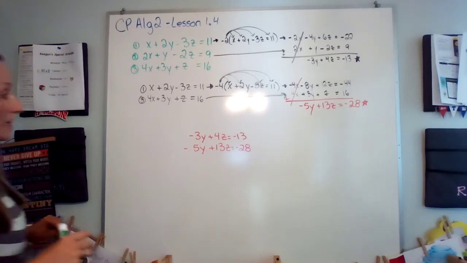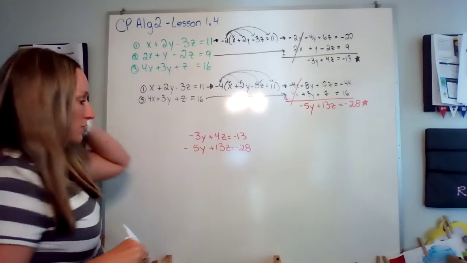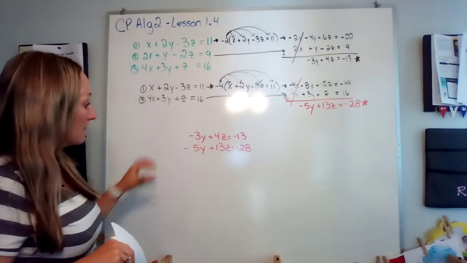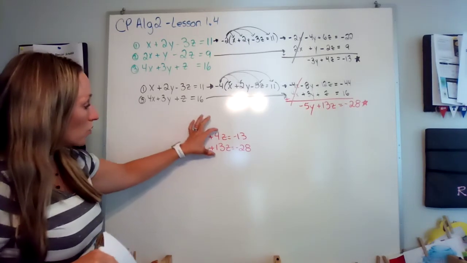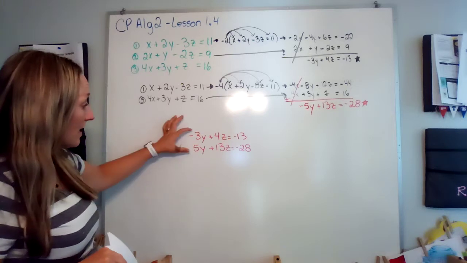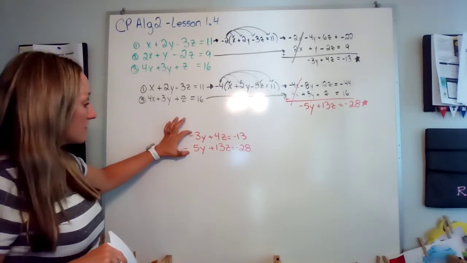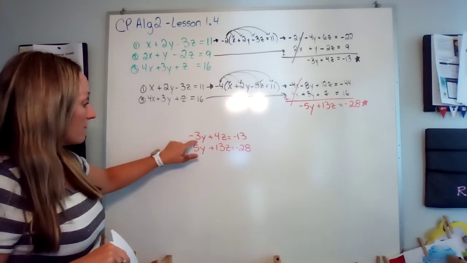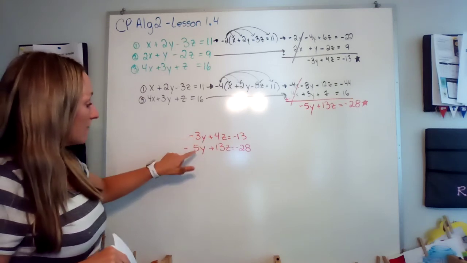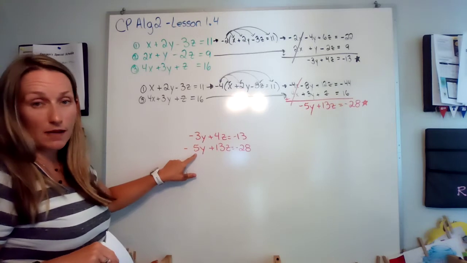So I need to eliminate, I like elimination usually more than substitution, but I'm going to eliminate either the y's or the z's. All right, I can see very quickly that a common multiple between 3 and 5 is 15. I can make this one a 15 by multiplying through by 5, and this one a 15 by multiplying by 3.